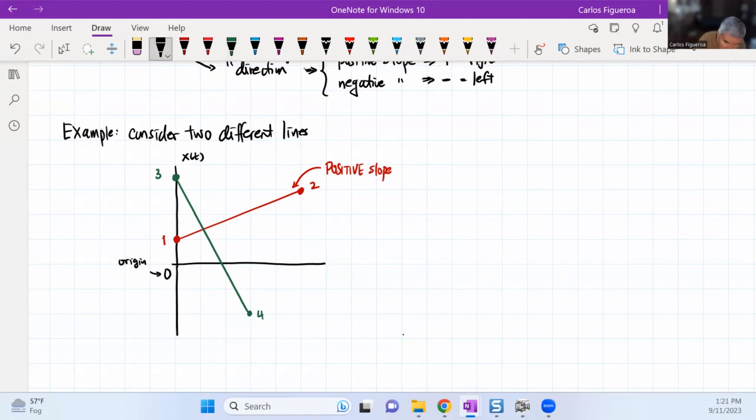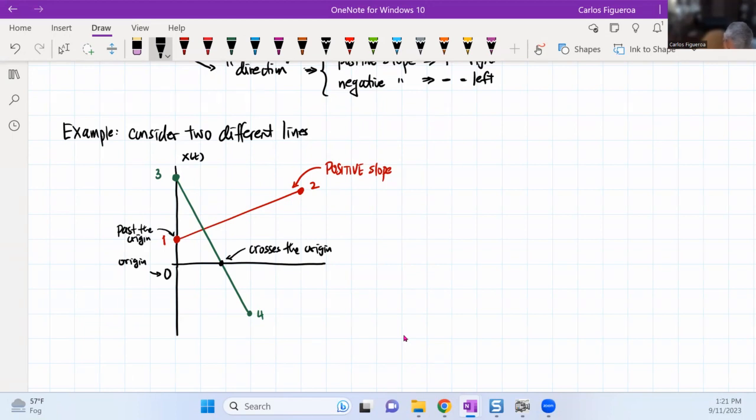And there's a couple of things that we should look at here. One thing here, look at the green line right here, what's it doing? It crosses the origin. That's not true of the red line. And another thing is that this point right here is past the origin.